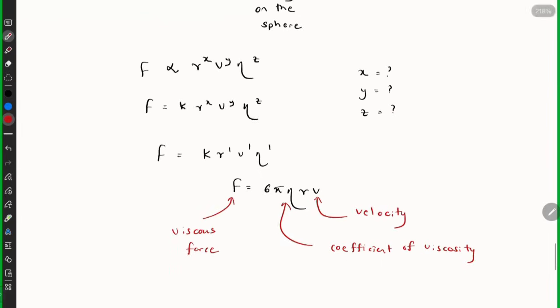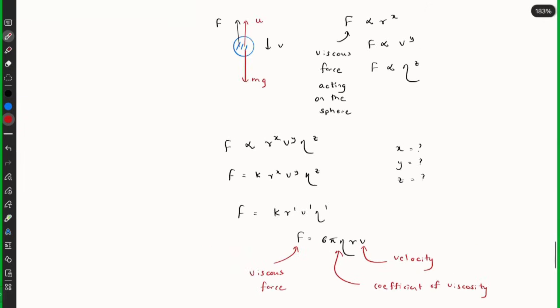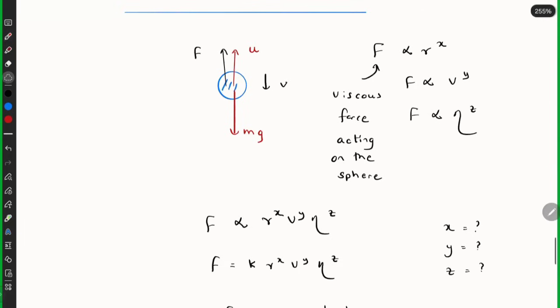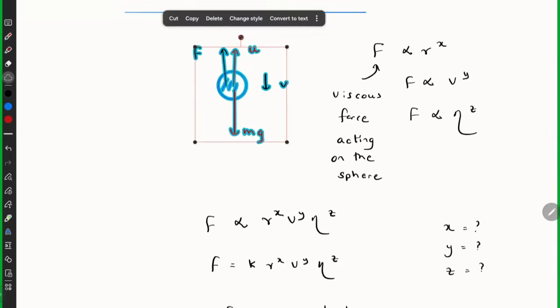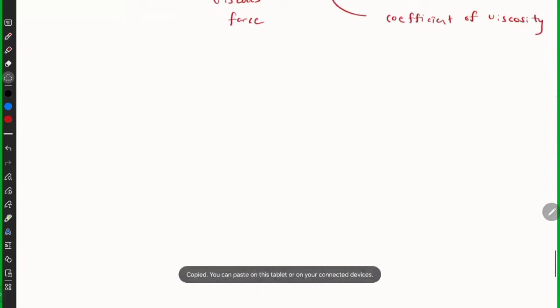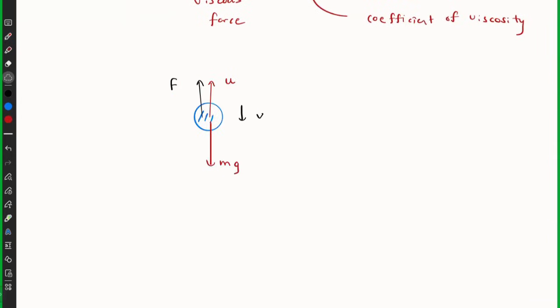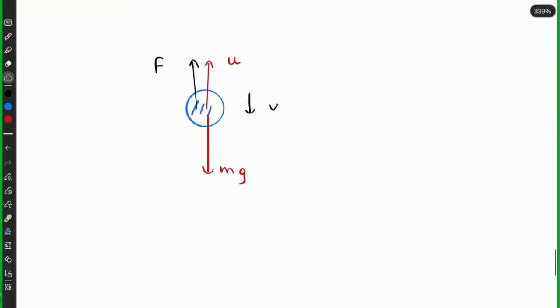Now that we know about this, we can see a connection now. Now I will just copy the same thing down and let's explore now. What is the acceleration now? What is the resultant force now?